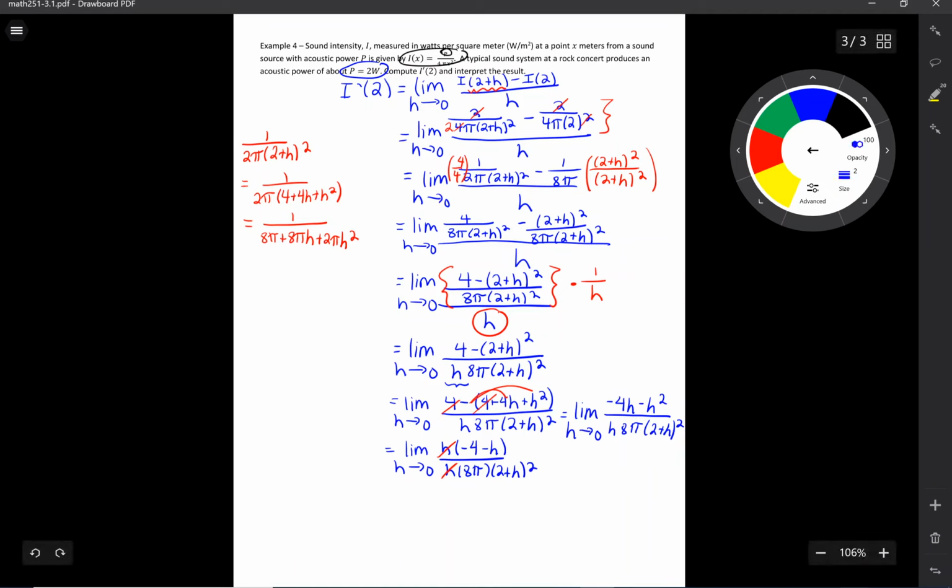When I do that, I get negative 4 on the top, 8 pi times 2 squared on the bottom, which is negative 1 over 8 pi. Wow. So that is the derivative of my function I of x at the point 2.